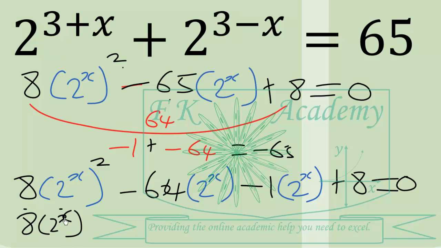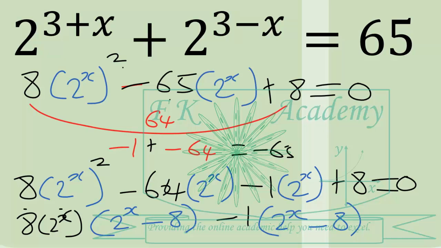Then we are left with 2^x minus 8. Then again, we factor negative 1 out, minus 1, then we have 2^x minus 8 is equal to 0.